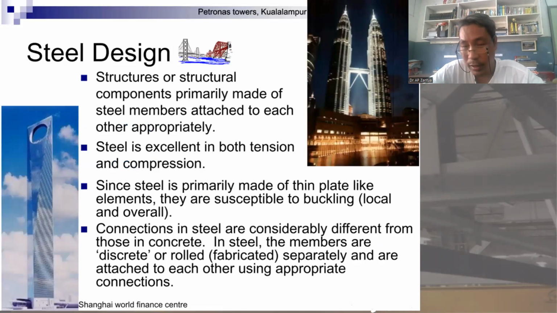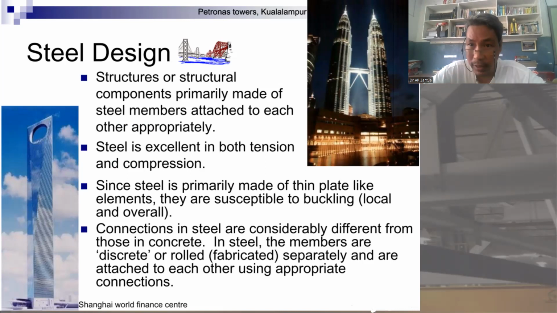And now we are going to see how to make our steel be used and applied appropriately on those applications. So steel design means structures or structural components primarily made of steel members attached to each other appropriately.